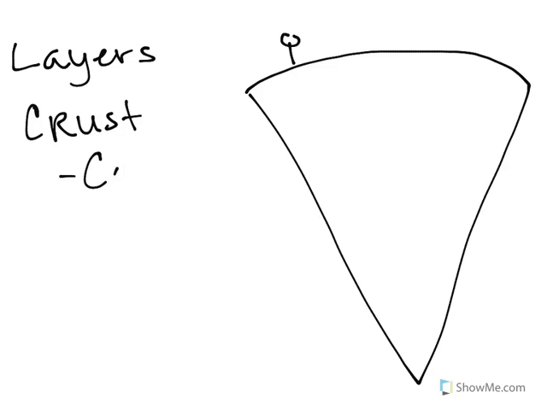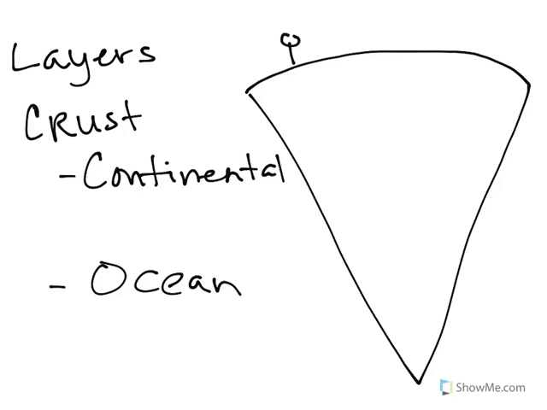We can have continental crust, and hopefully you're already thinking about where you would find that, and we can find oceanic crust. Hopefully it's pretty easy to figure out where those are. Now, let's think about the thicknesses of both of these crusts.